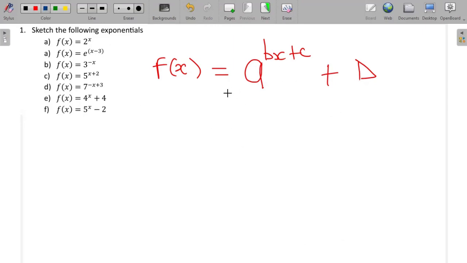This a, which is being raised to a certain power, is what we call the base. This d is what we call the horizontal asymptote.